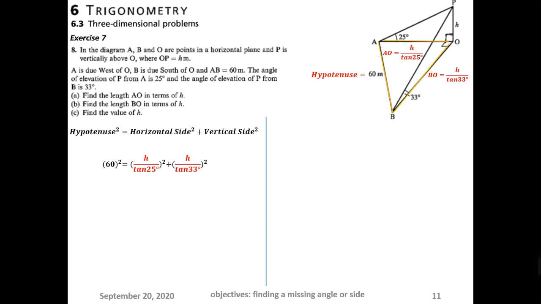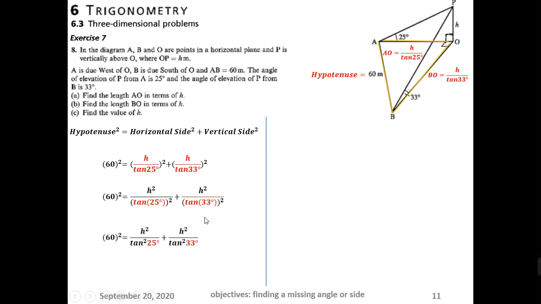Now, let's rewrite it. So it's 60 to the power of 2, which is equal to h to the power of 2 over tan of 25 all to the power of 2, and this is how you insert it in the calculator, plus h squared over tan of 33 to the power of 2.